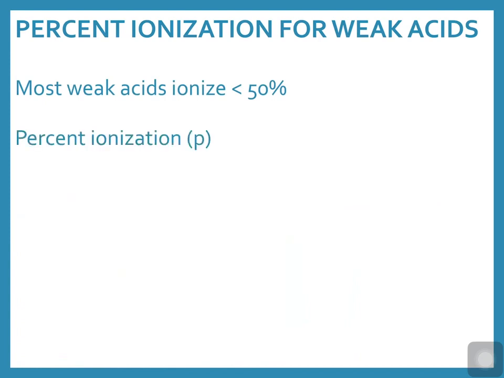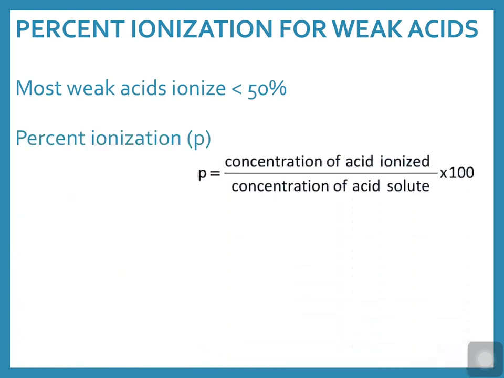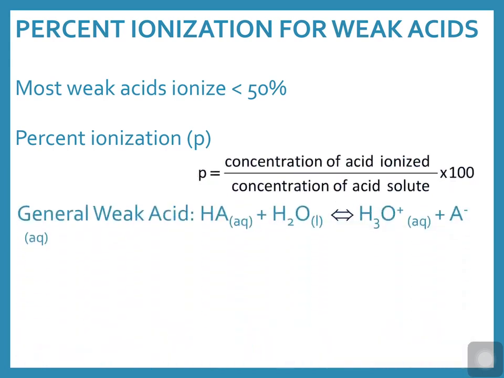So the percent ionization we can calculate by taking the hydronium ion concentration divided by the concentration of the acid that we started with, and then multiplying that by 100.